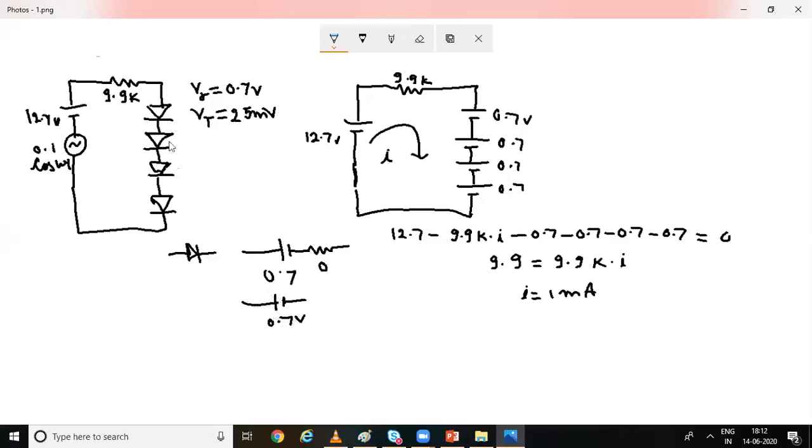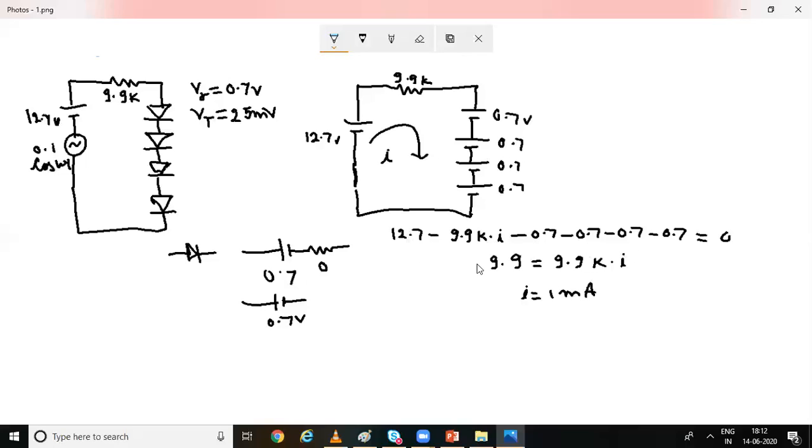So here are 4 diodes and I have replaced these 4 diodes with 4 batteries having a potential of 0.7 volt, right? So then step 2 is over. Then we have to move to step 3. In step 3, we have to calculate the diode DC current, correct? So I have assumed that current I is flowing through this loop, and I have applied the KVL.